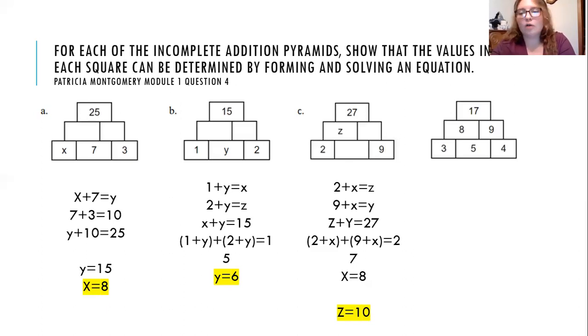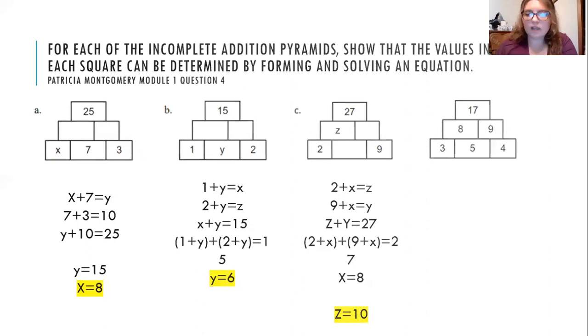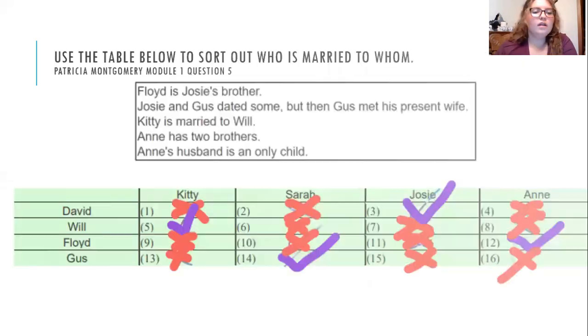So again, I just plugged in numbers, and I ended up finding out that X was equal to 8. So by doing that, I could figure out Z by X being 8 plus 2, which would give me 10. It's a lot of just plugging in numbers and figuring out what comes with it.